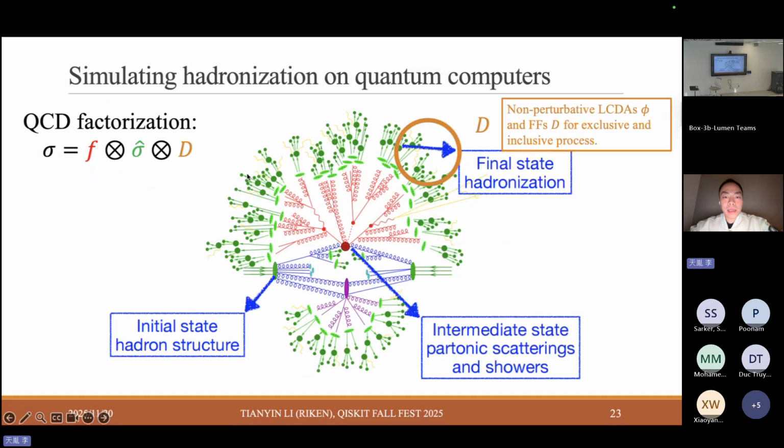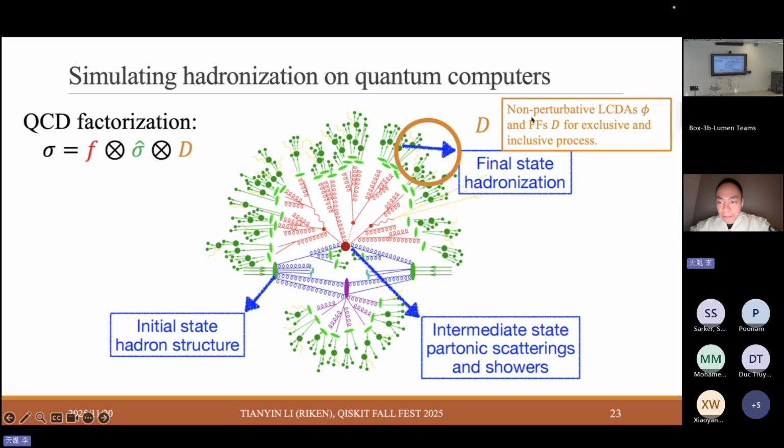And then I want to talk about how to simulate the hadronization process on a quantum computer. The hadronization of the final state parton can be described by these non-perturbative quantities. And for different processes, these quantities are different.